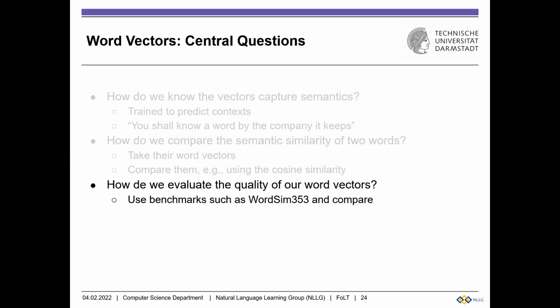A third question that we have is, how do we evaluate the quality of our word embeddings or our word vectors? So what the community has been doing is they use benchmarks such as the popular word similarity 353 dataset and compare the similarities that humans have assigned. So in this word similarity 353, we have many different word pairs that have been labeled by human annotators.